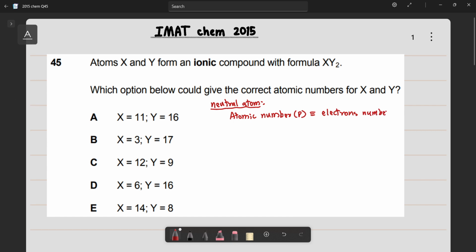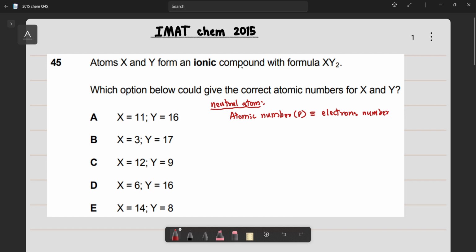So for example, if the atomic number of an atom is 2 or 3, the number of electrons will also be 2 or 3, given that the atom is in its neutral state. It hasn't lost or gained any electron, so it's not an ion, it must be a neutral atom. So this is the first thing we should know.